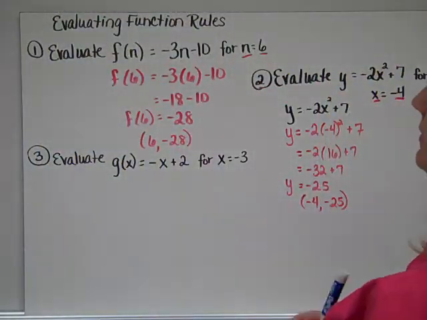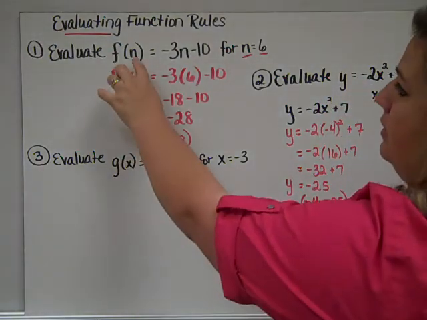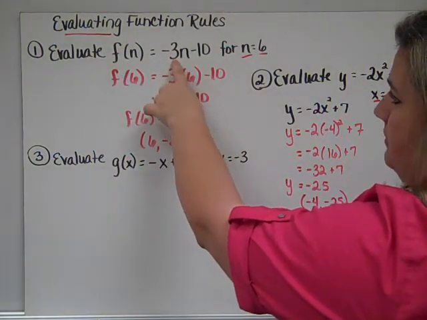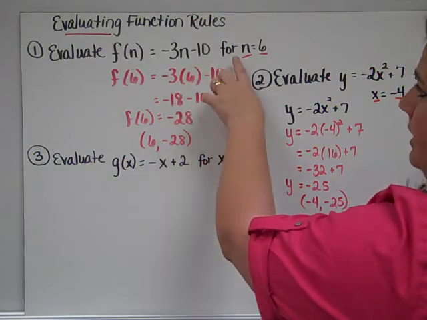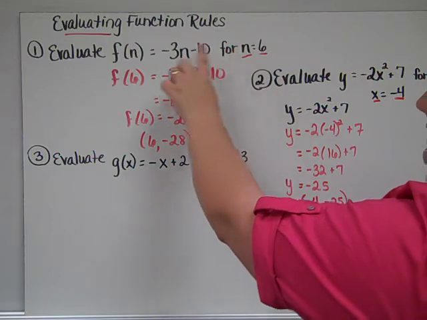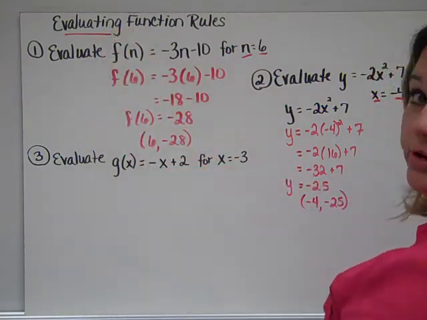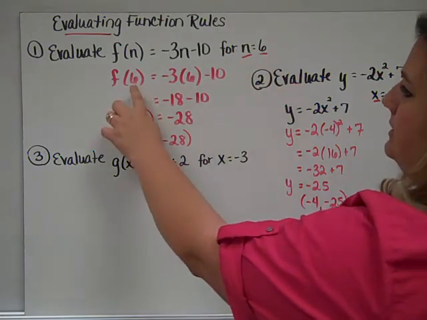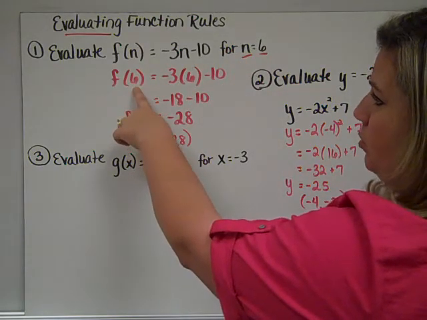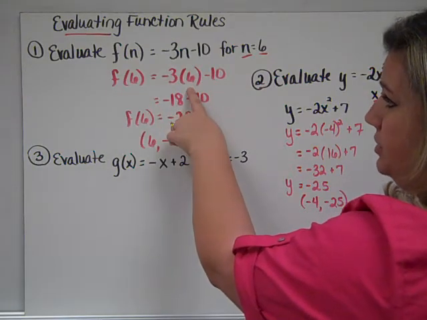Alright, now we're going to evaluate function rules. Here I have f of n equals negative 3n minus 10, and I want to evaluate it for when n equals 6. Notice I told you that this is your input notation. This whole thing equals your output notation. When I plug in 6 for my input, wherever I see n in my function, I'm substituting it in.